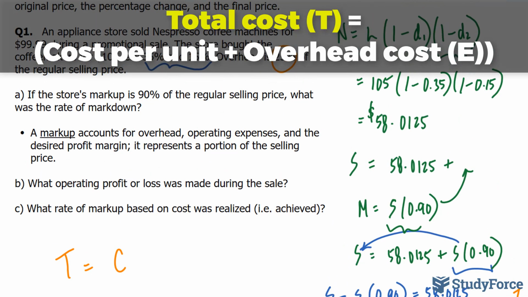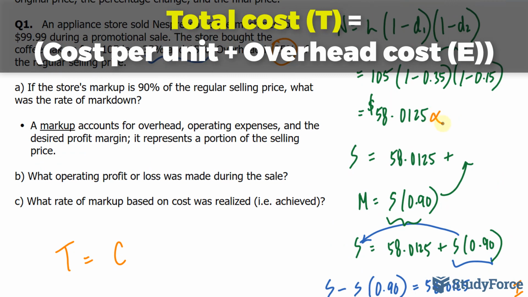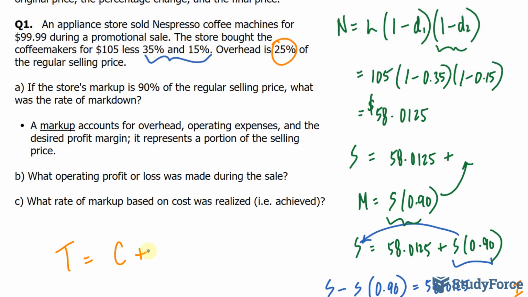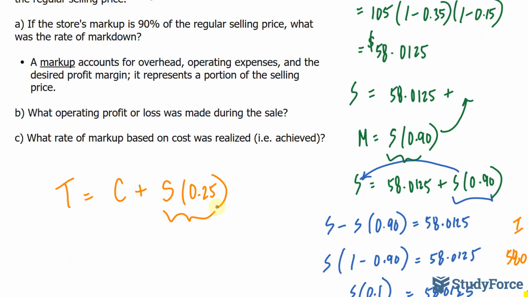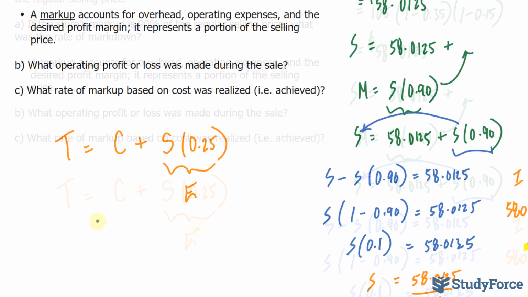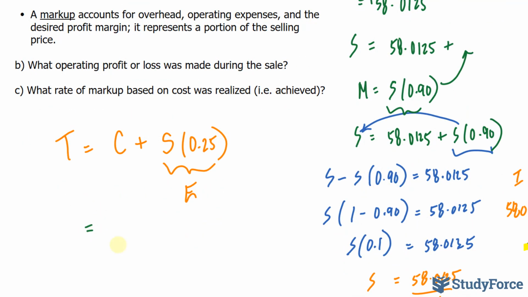And that was this value right here, plus the overhead, which represents a portion of the regular selling price. So the regular selling price was denoted as S, and the overhead was 0.25 as depicted in the question. This part right here in literature is often designated the letter E, which stands for overhead or operating expenses per unit. So let's go ahead and put in what we know.